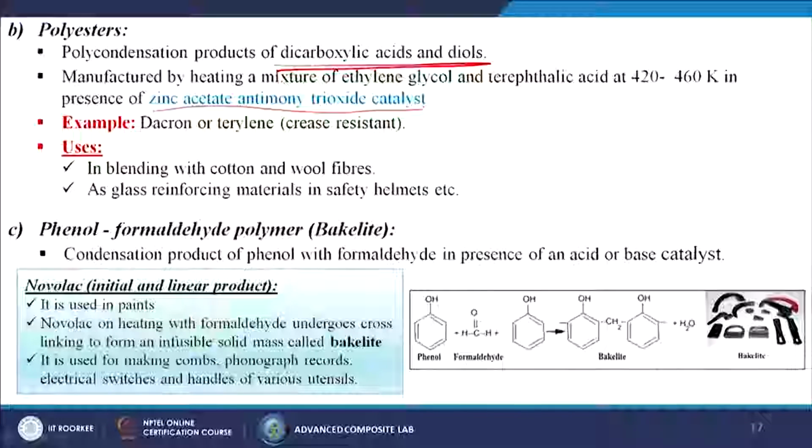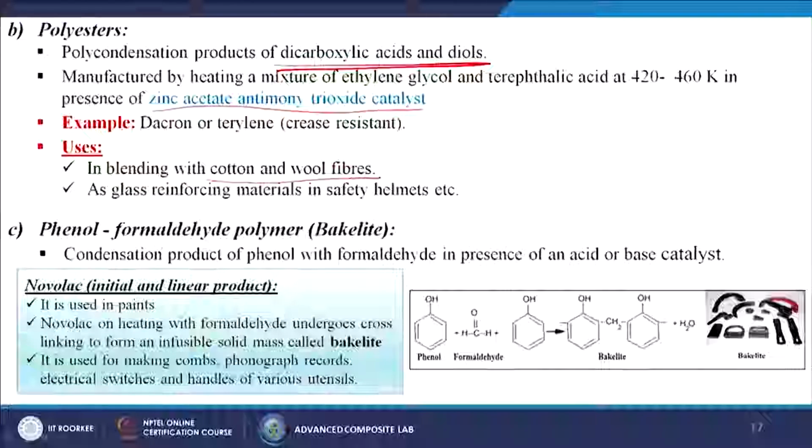Examples are Dacron or terylene. Terylene is generally used for suits or dress materials, and it is crease resistant. It is used in blending with cotton and wool fibers and as glass reinforcing material in safety helmets.